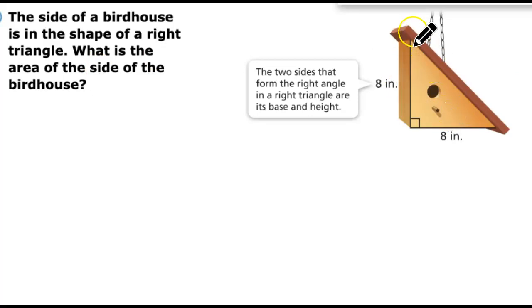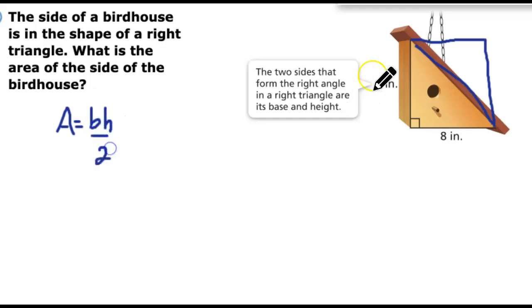To begin with, this is half of that square, right? Because it's 8 times 8. So we already know in the first example that the formula for a triangle is base times height, and we divide it by 2 because we're only using half of that square.